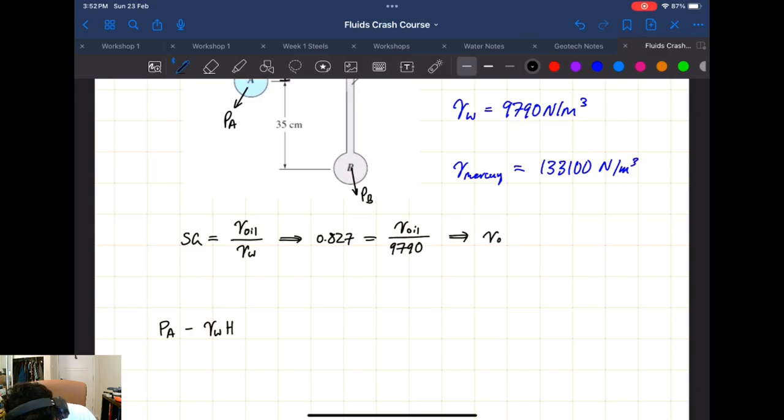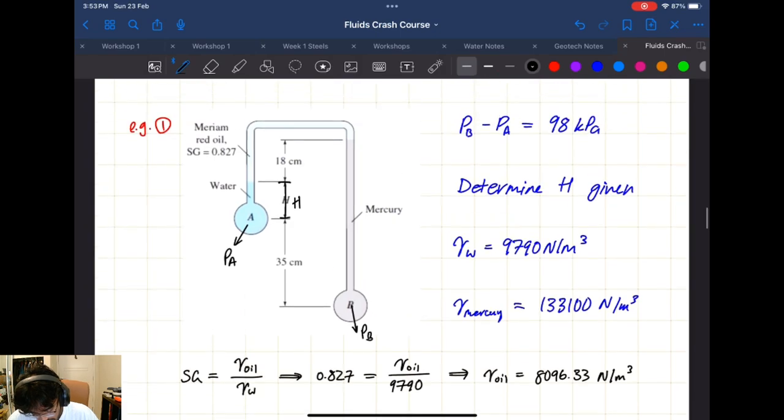Therefore the unit weight of oil is going to be 9790 times 0.827, which is 8096.33 newtons per meter cubed.